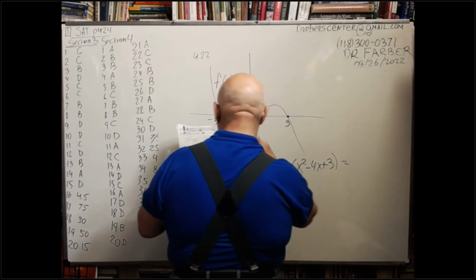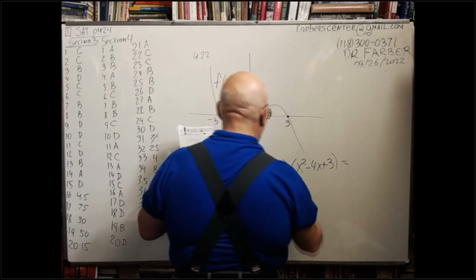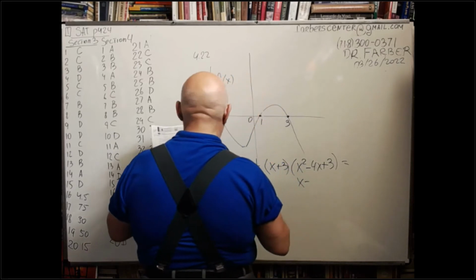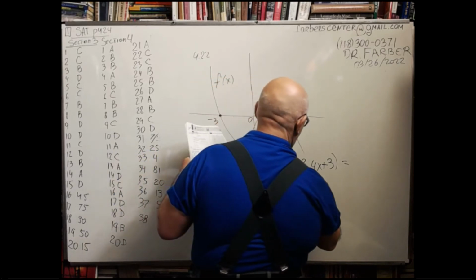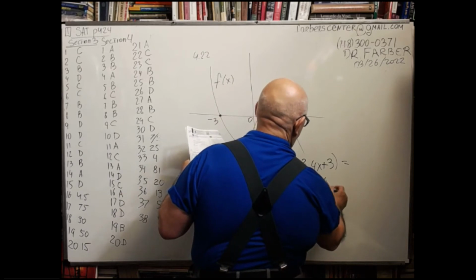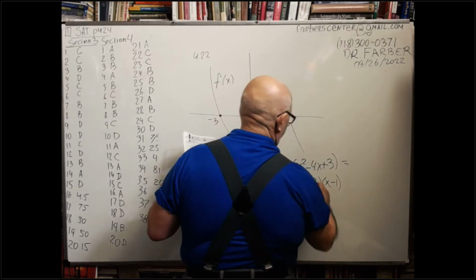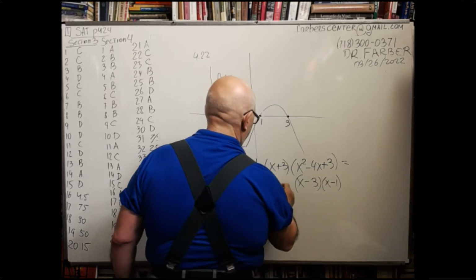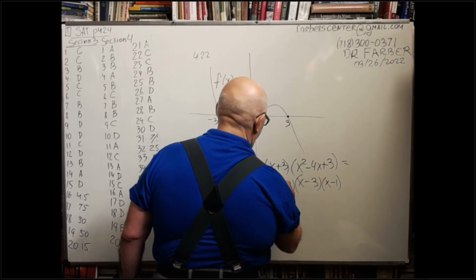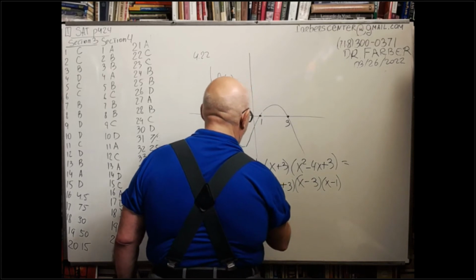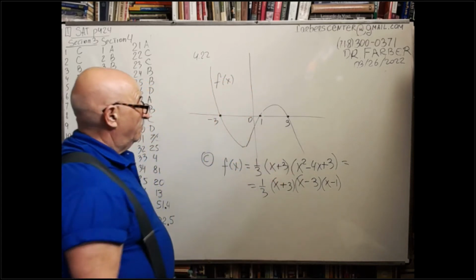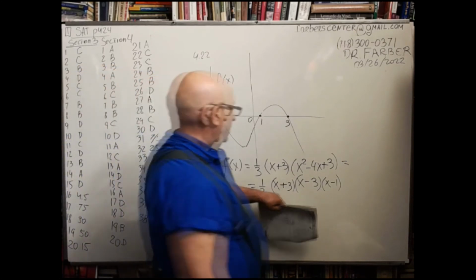Or x minus 3 times x, I factorize it. -3 times -1 is 3, and this is -4. I just factorize this, right? Look at this. What roots? The roots are supposed to be the same if the graph represents this equation.